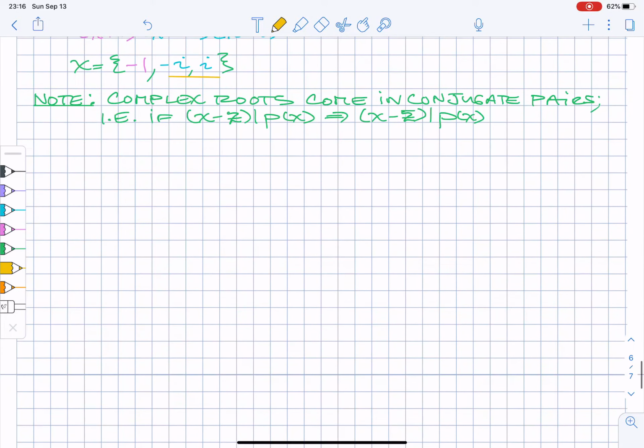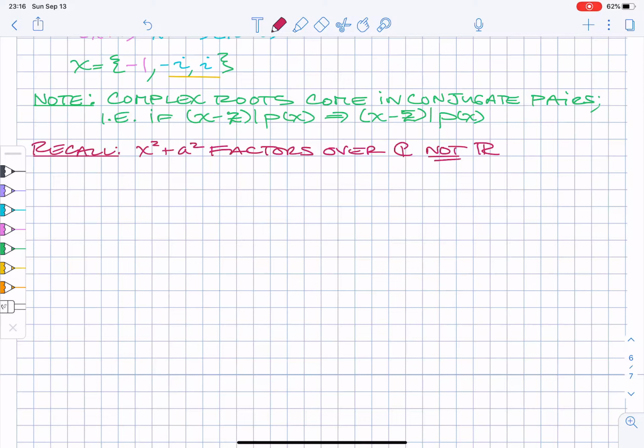Okay, so definition. Or let's recall before I do a definition. X squared plus a squared factors over the complex numbers c, not r.